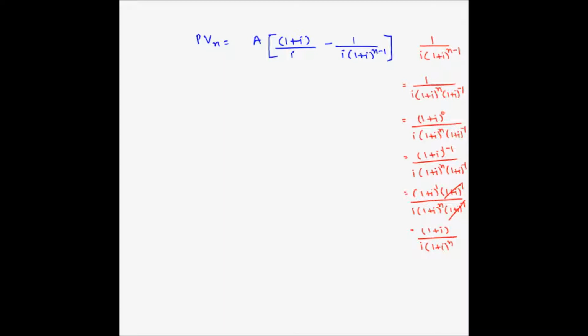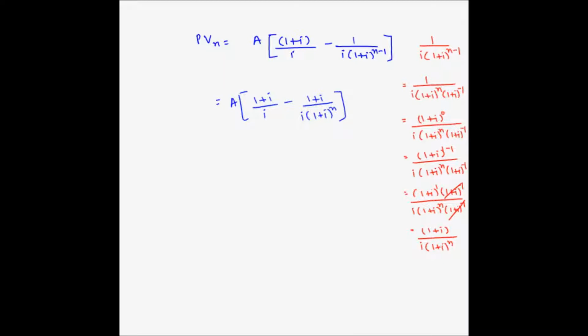So now if we put this in our equation, our equation becomes A into, this first part remains as it is, so 1 plus I divided by I minus 1 plus I divided by I into 1 plus I to the power n.